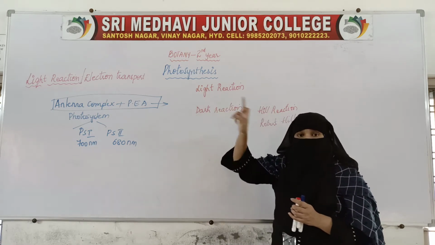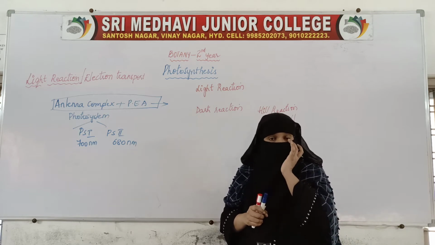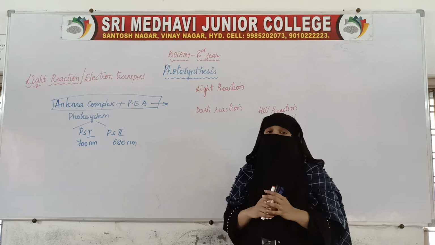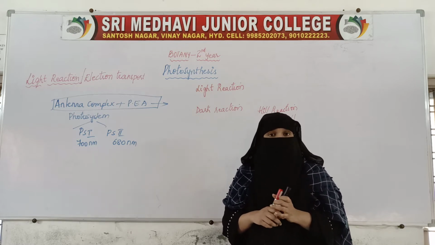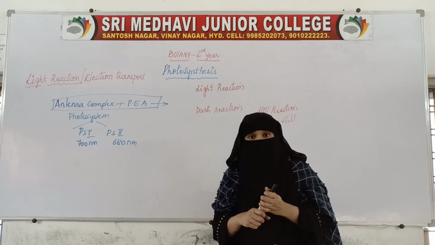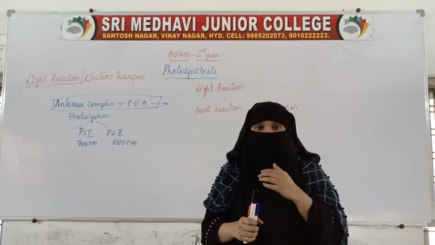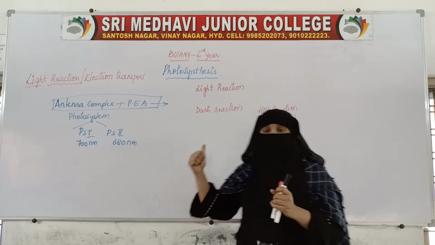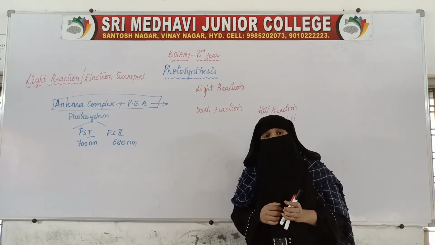Light reactions are light dependent; in the absence of light they cannot be carried out. But dark reactions can be carried out in the presence as well as in the absence of light.